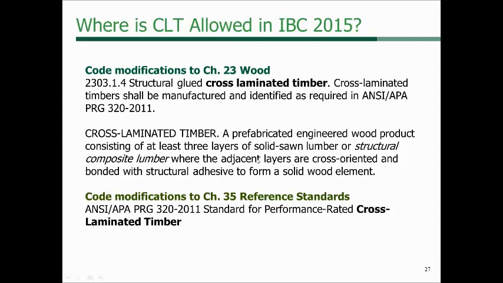It provides a definition, and also what is key here is the manufacturing standard for cross-laminated timber, which is ANSI APA PRG 320-2011, which provides a standardized method of manufacturing the cross-laminated product, and we'll get more on that later on in the presentation.